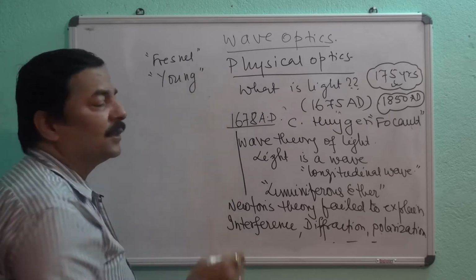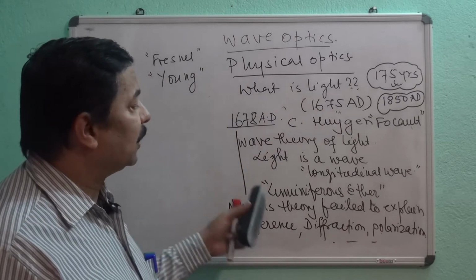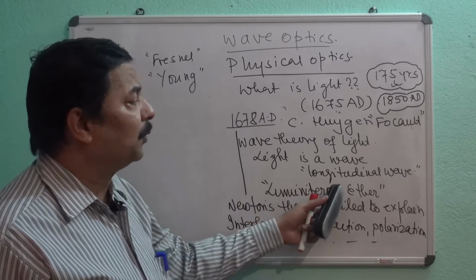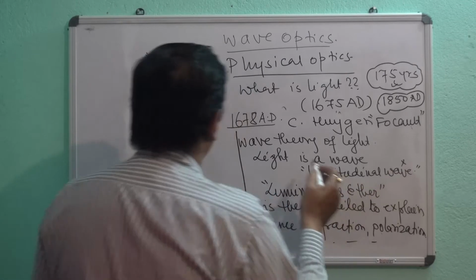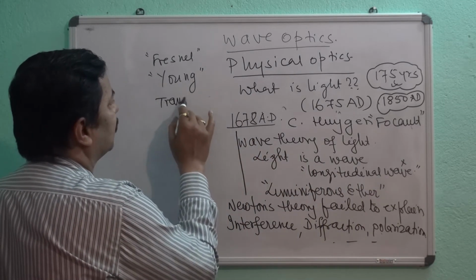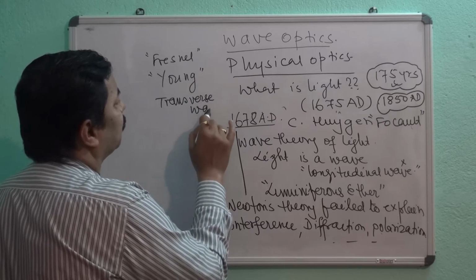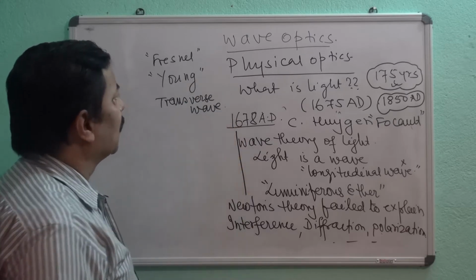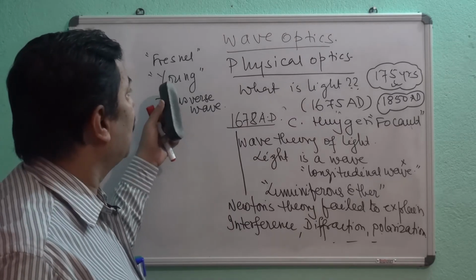These two were the scientists who proved that light is not a longitudinal wave. This was not correct. Light is a transverse wave. This was proved by the two scientists, Fresnel and Young.